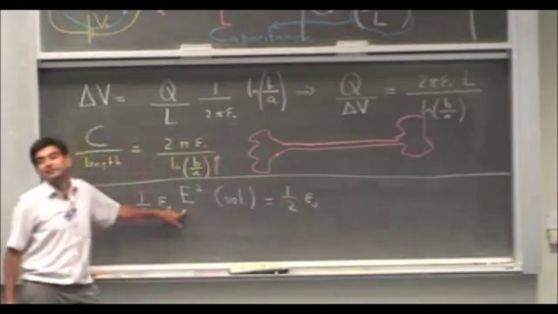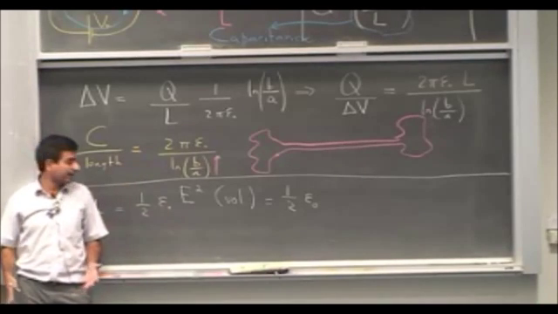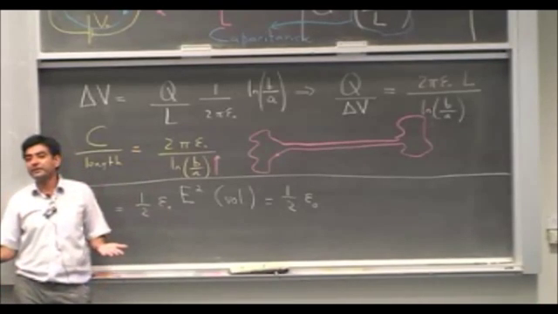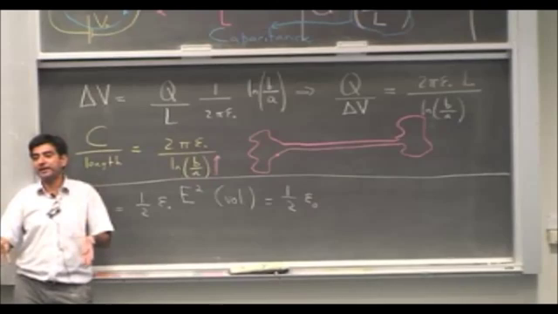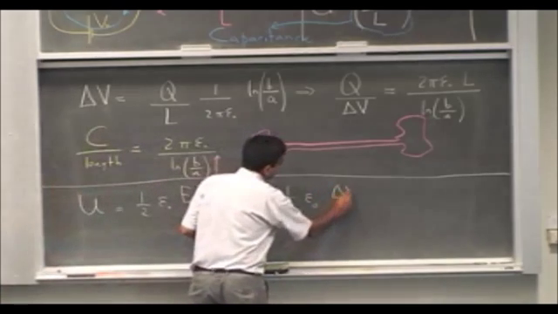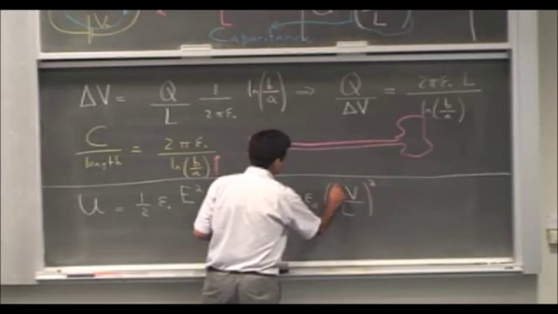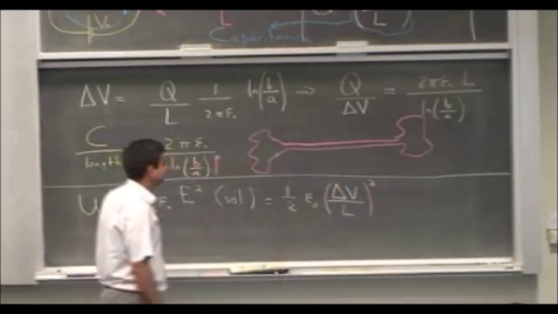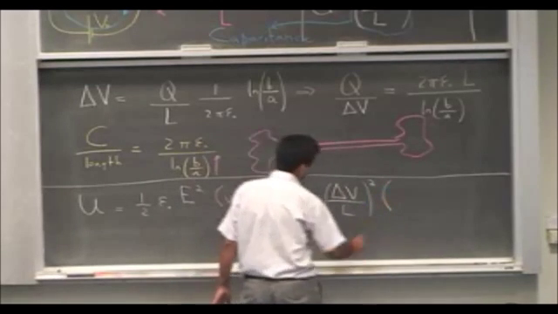Now what is E for a parallel plate capacitor, say? Sigma over epsilon naught. And in terms of the potential difference, what is the electric field in terms of the potential difference between the plates? Delta V divided by L. Delta V divided by L squared. And you have a volume. Okay?